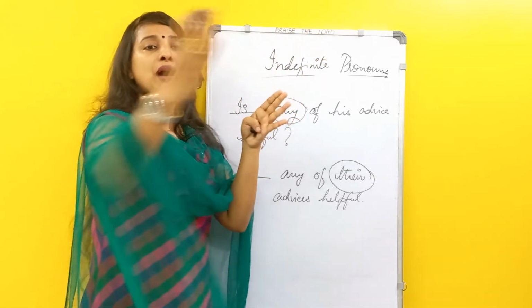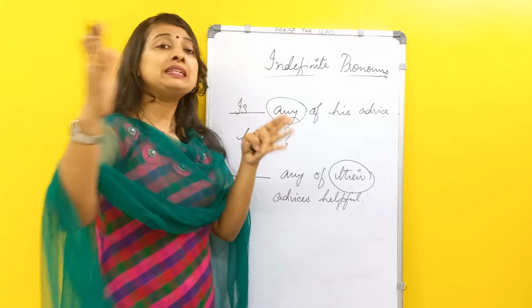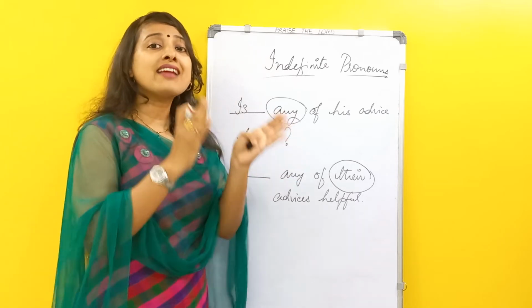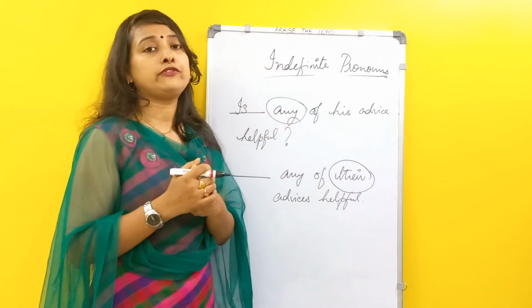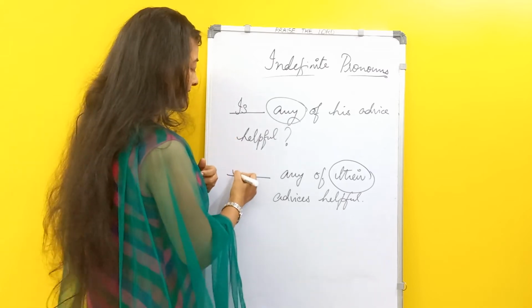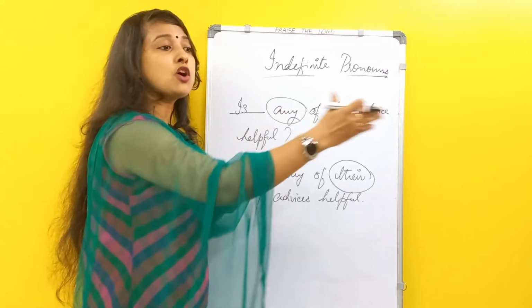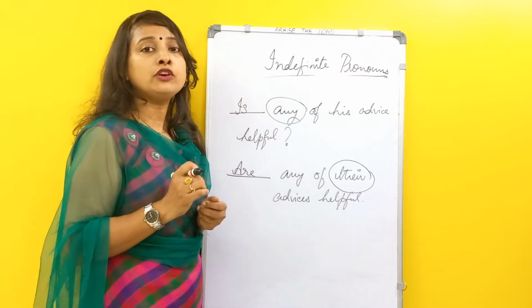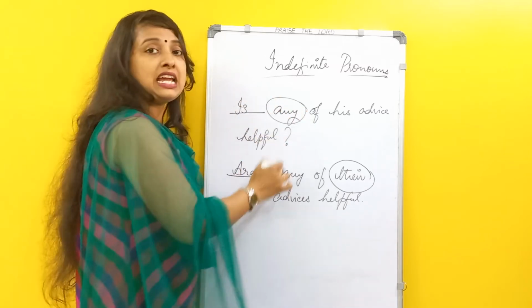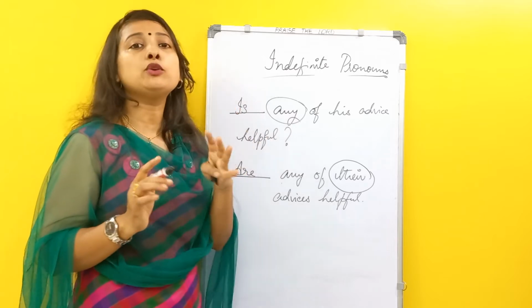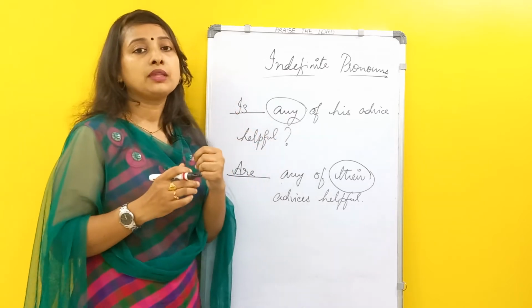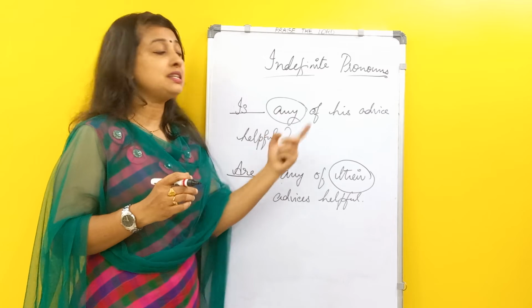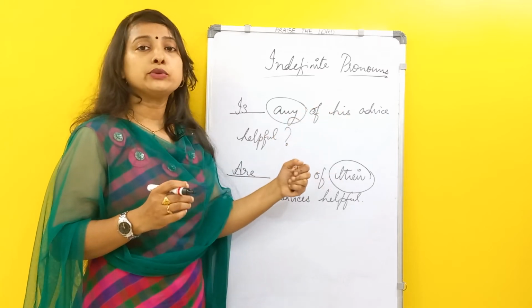So, many advices, many people's advices. So, are any of their advices helpful? Then what will we ask? Are, because we are talking about many. Are any of their advices helpful? Still we are using the same word any, but it is not being used in plural form. The only thing is the verb form is changing based on the nouns being used. Okay?